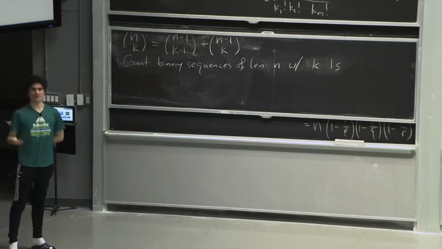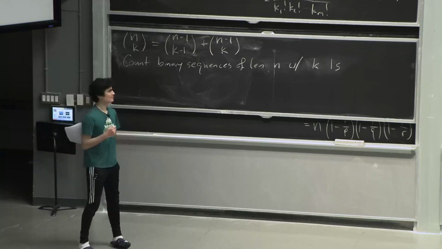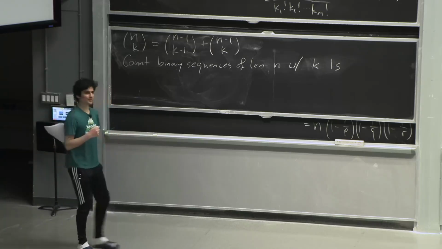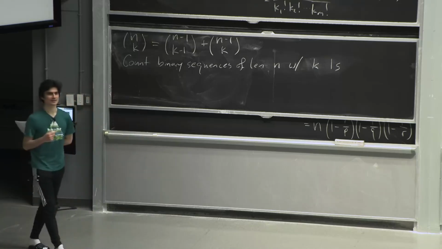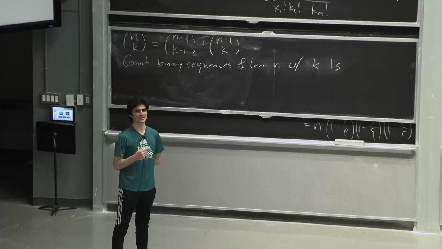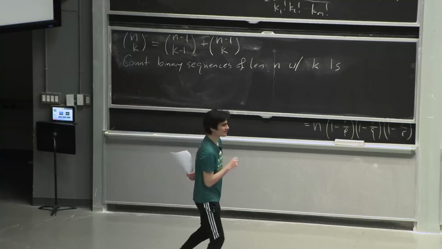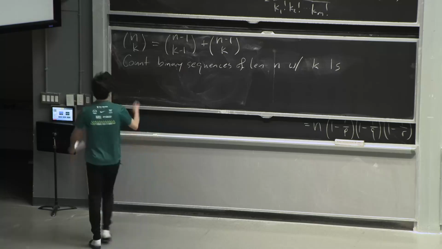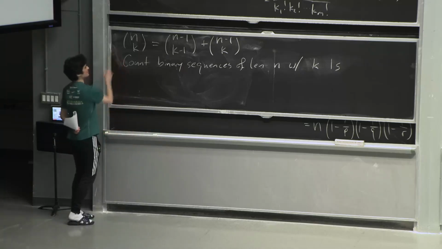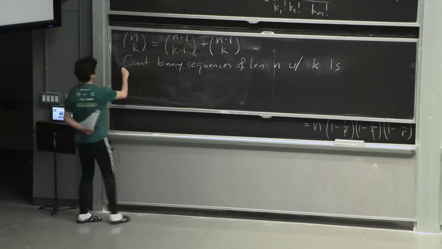Now, how many of those are there? Does that give us one of our two expressions easily? If so, which? Yeah. So essentially by definition, the size of this set is going to be n choose k.